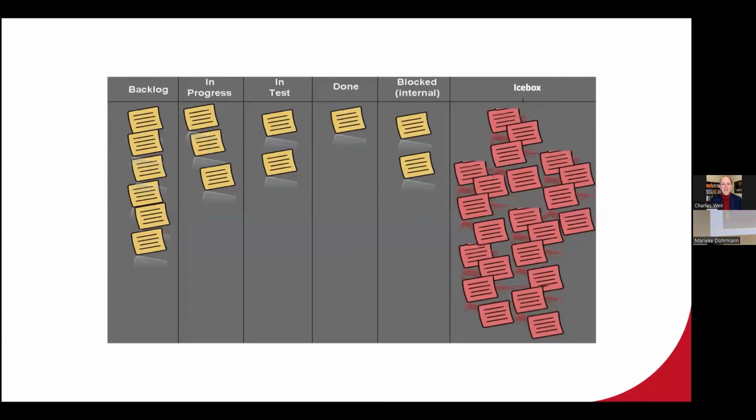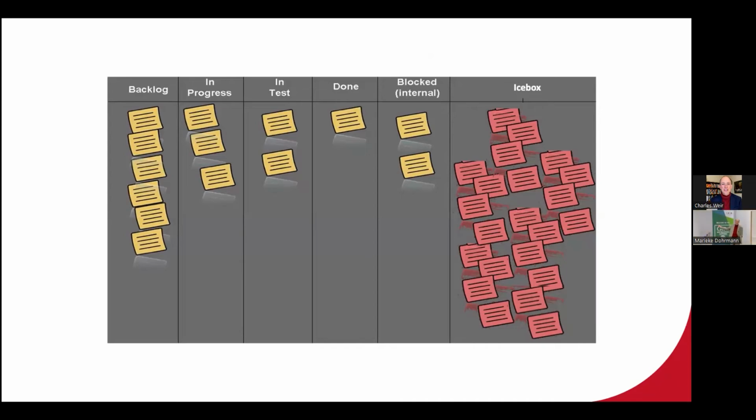So they went away and they consulted the product owners. Who's familiar with a Kanban board for software development? Yes, anyone who's been in software recently will be reasonably familiar with this. So in a Kanban board, you move things.